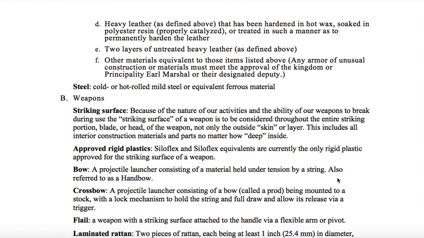F. Other materials equivalent to those items listed above. Any armor of unusual construction or materials must meet the approval of the kingdom or principality Earl Marshal or their designated deputy. Steel. Cold or hot rolled mild steel or equivalent ferrous material.